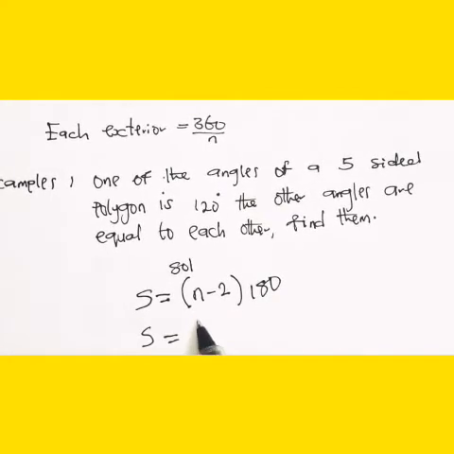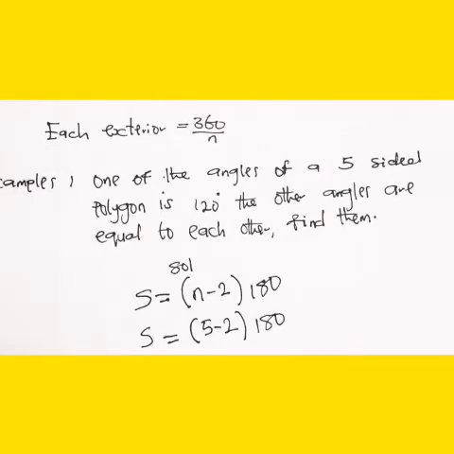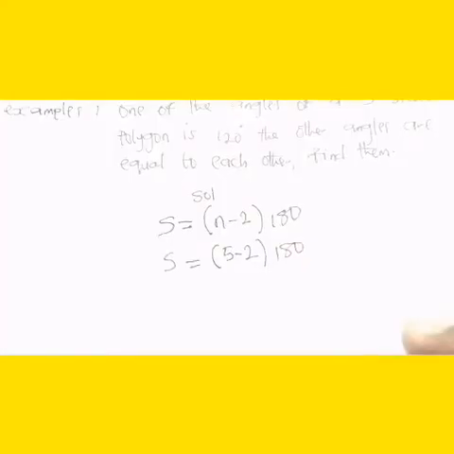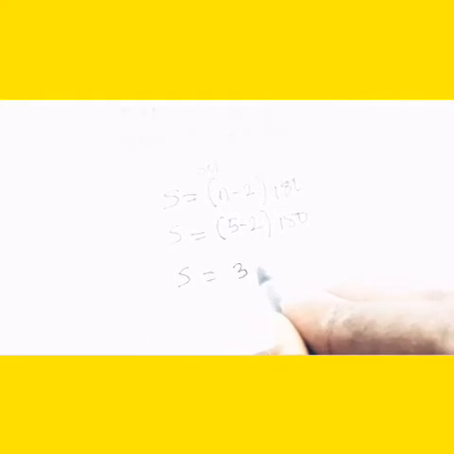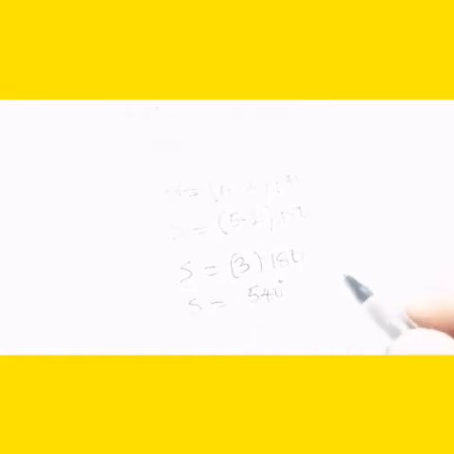So x equals (5 minus 2) times 180, so x equals 3 times 180, which is 540 degrees.